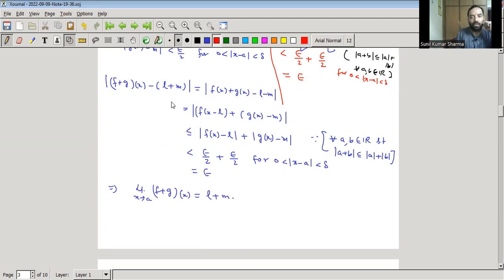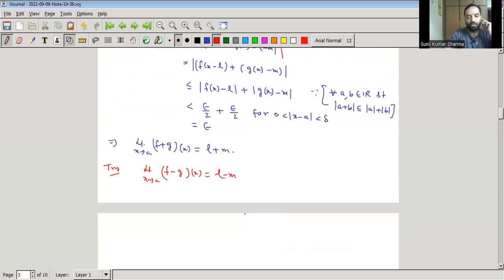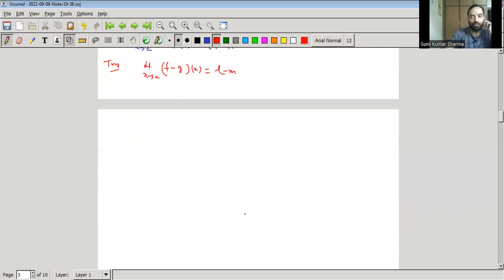So now you try the second part, that is, limit as x goes to a of (f minus g)(x) is equal to L minus m. Use the same concept to get that.